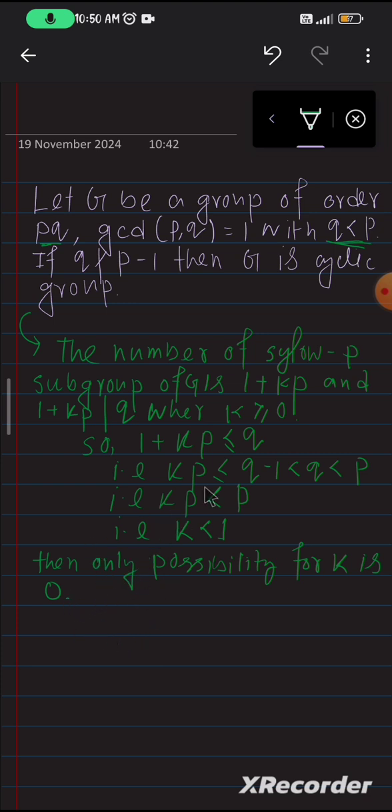We get that the number of Sylow P subgroups is 1. Why? Because K is 0. If we put 0 here, then NP, the number of Sylow P subgroups, is only 1. So that is unique. So G has a unique Sylow P subgroup.